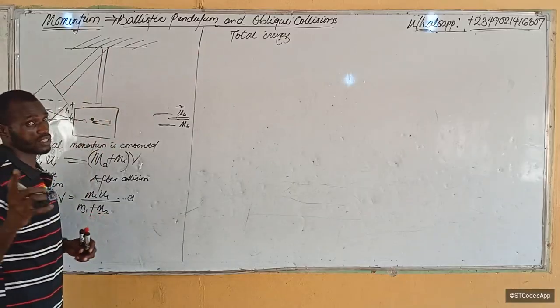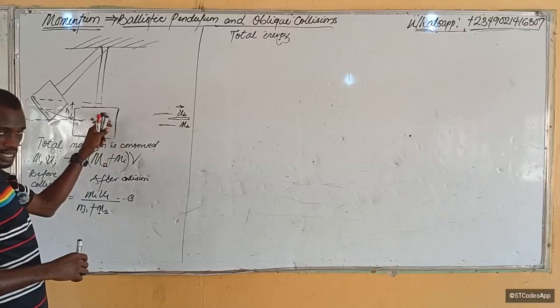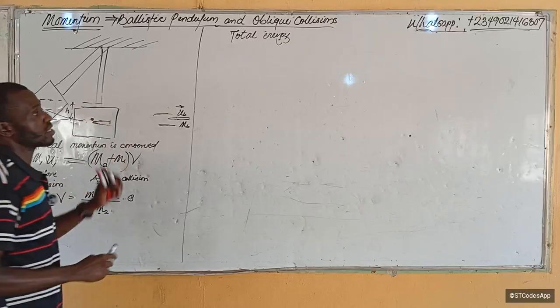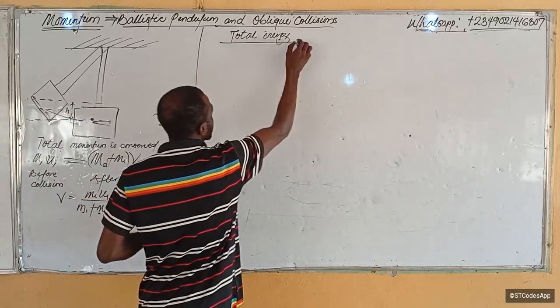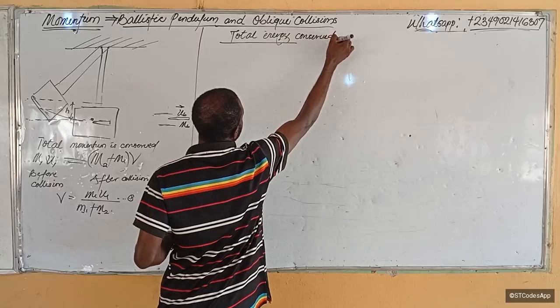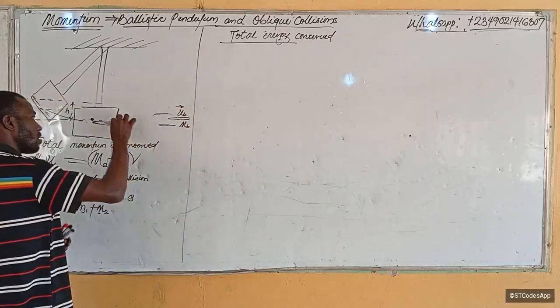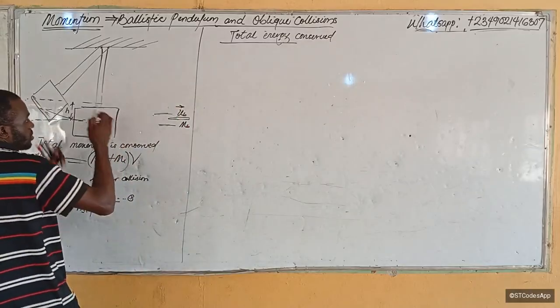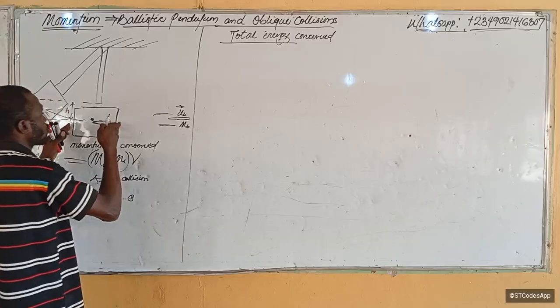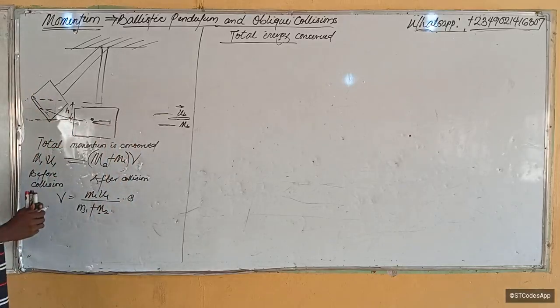But the energy we want to analyze is this. Once the bullet hits the block, they move together, right? So the total energy that is conserved, before and after, is from the moment of the stationary position of the block here to the moment that it moves to this height. I hope that is clear.